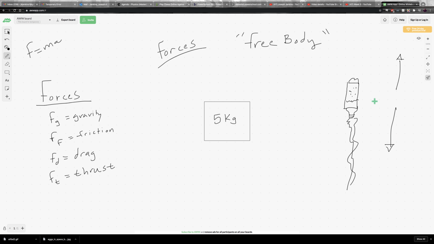So the thrust would be in the downward direction. So we might have some thrust on this rocket. We could also have other pushes and pulls on it. What if we had, I might say, a force that's wind? Wind is acting on it.